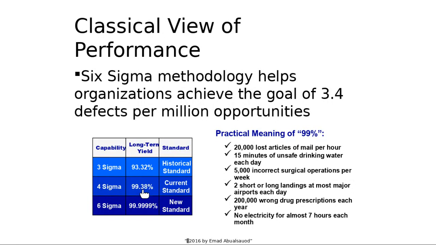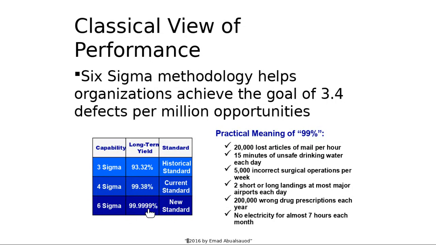They have to maintain 99.38% to maintain the current standard level, which is the 4 Sigma. But the new standard, which more organizations are working to achieve, is the 6 Sigma level, the 99.9999%.